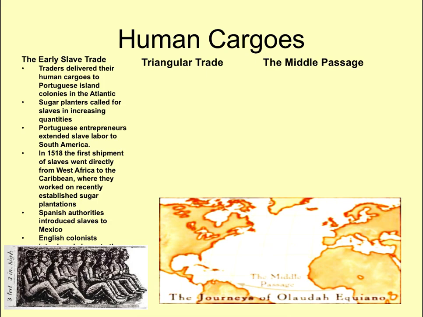And in 1518, the first shipment of slaves went directly from West Africa to the Caribbean, where they worked on recently established sugar plantations. Again, the Portuguese sugar plantations were super big in terms of having lots of slaves. The Spanish authorities introduced slaves to Mexico, and the English also used them to work on their plantations as well.